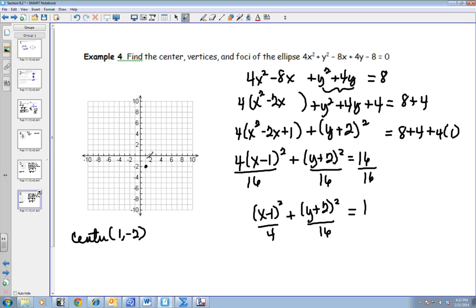So I'm going to go parallel to the x-axis in the x direction, 2 in both directions, and then 4 for my y's. 1, 2, 3, 4. 1, 2, 3, 4.